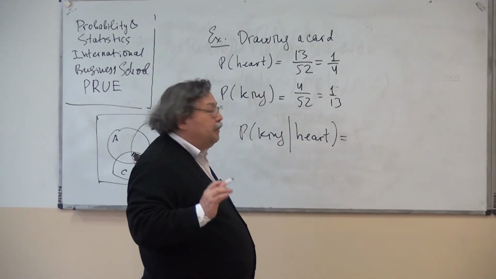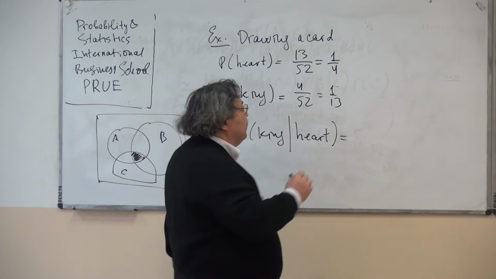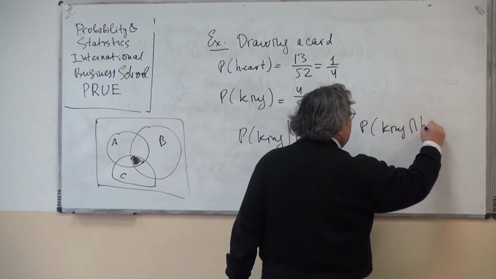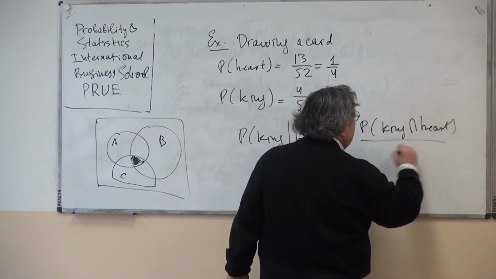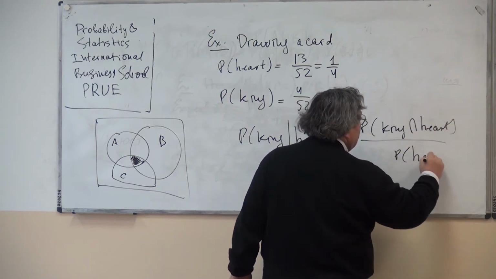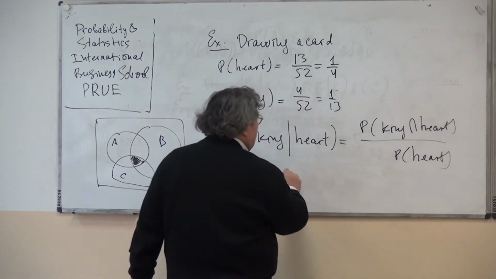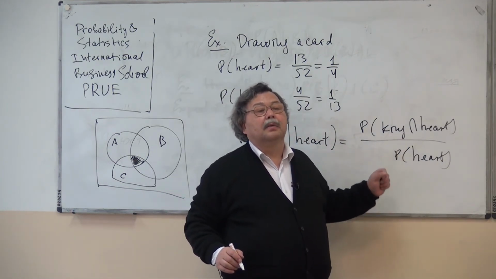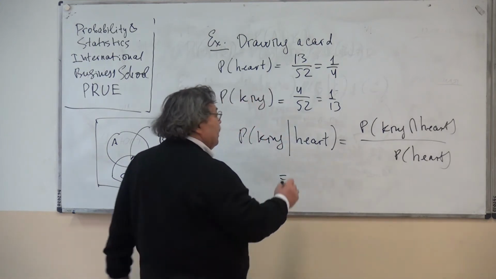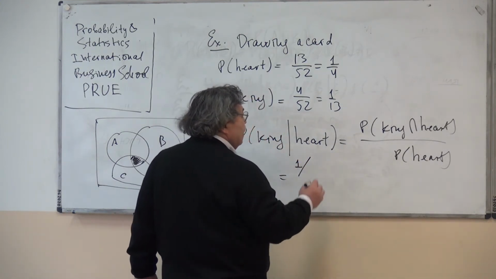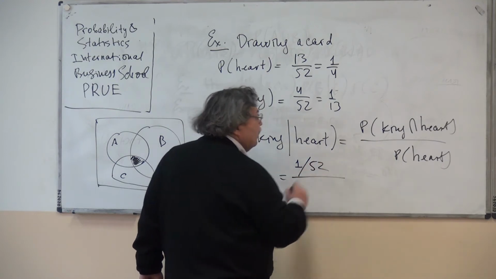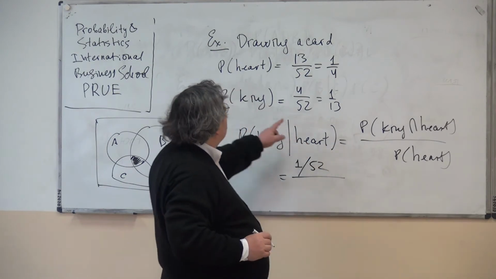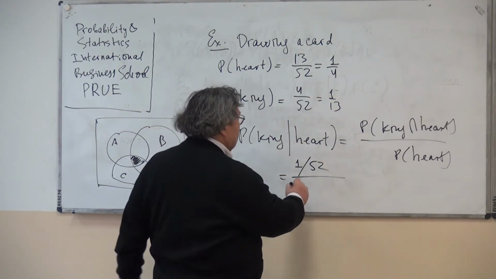Now let's go by the definition. What's this conditional probability? It's the probability that it's a king and a heart divided by the probability of a heart. Now, there is one card like this. It's the king of hearts, obviously. So the numerator here is 1/52. And it must be divided by the probability of a heart, which is this.